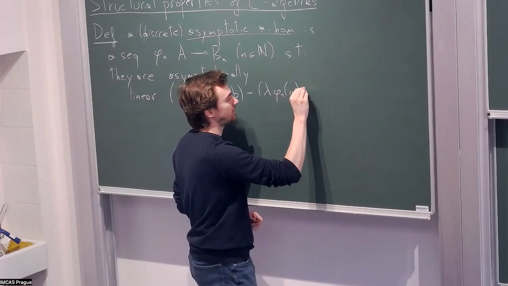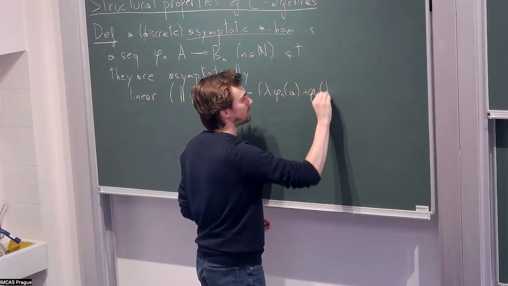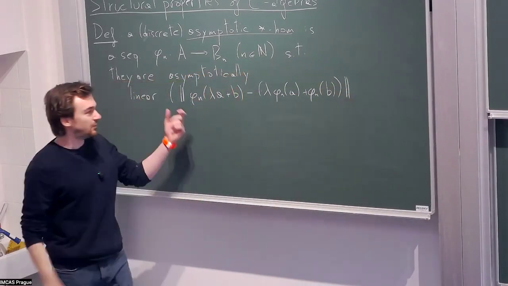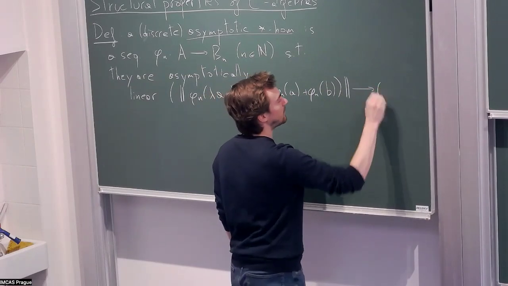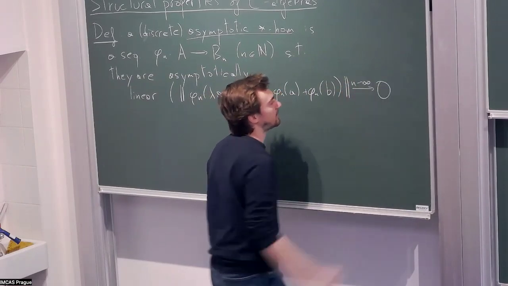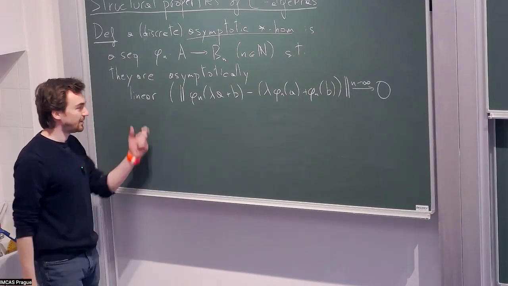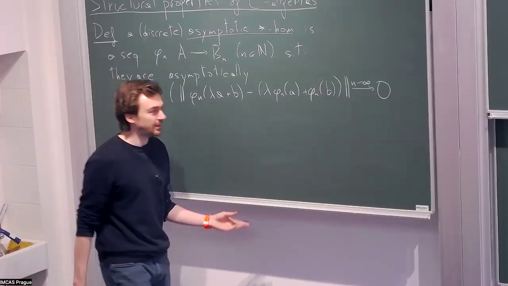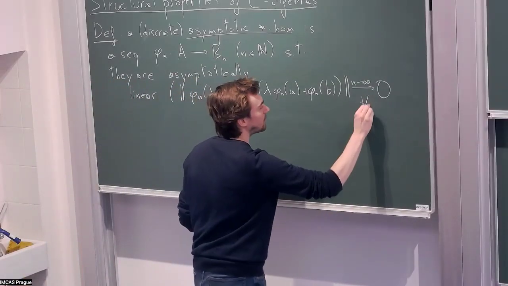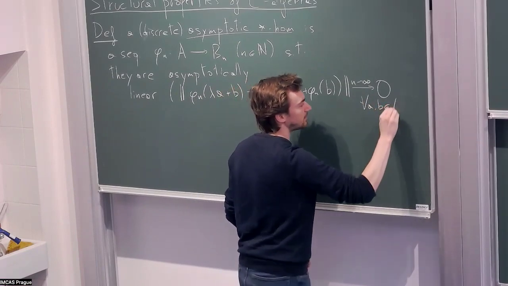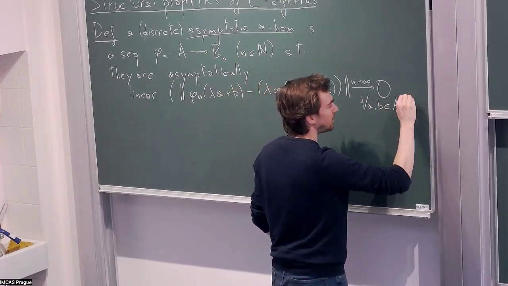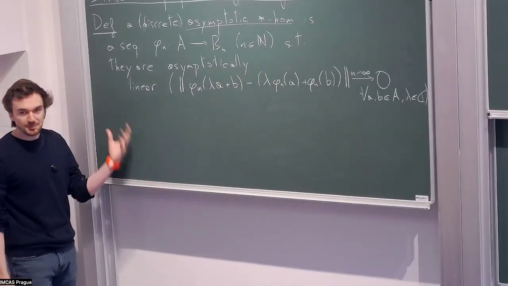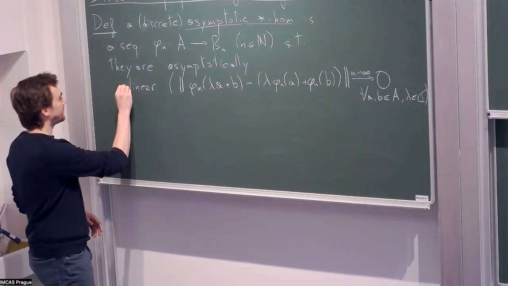So phi_n(a + lambda b) minus phi_n(a) minus lambda phi_n(b), and this expression in norm tends to zero as n tends to infinity. Right. So taking the property of being linear and just writing it down approximately and saying that this holds for all a, b, and so at this point you can imagine what the rest of the properties will be.